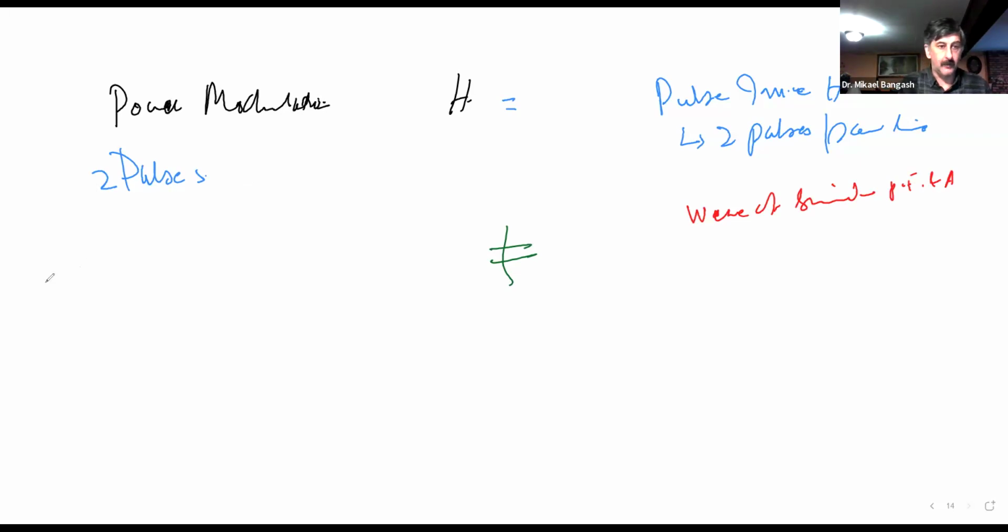What we have in power modulation is that we had two pulses, but here one pulse is weak, whereas the other pulse is strong.